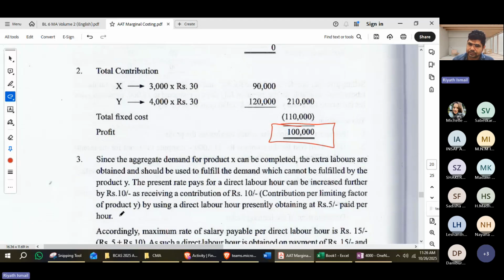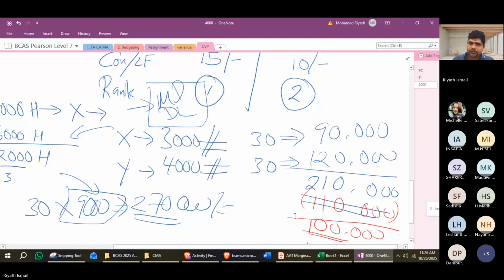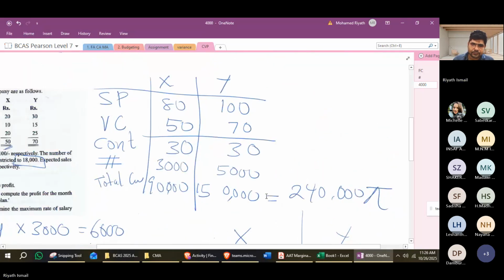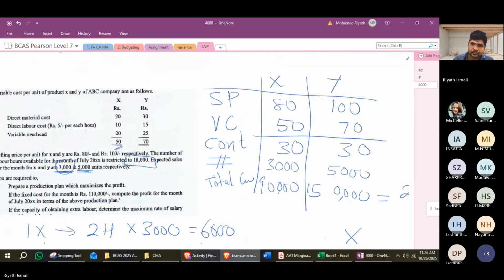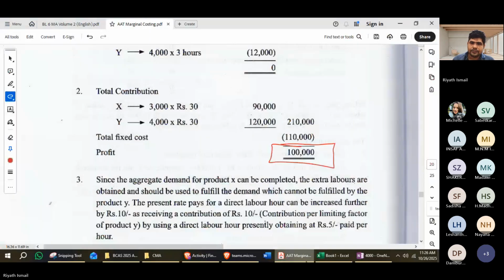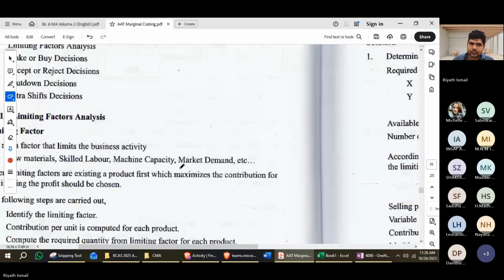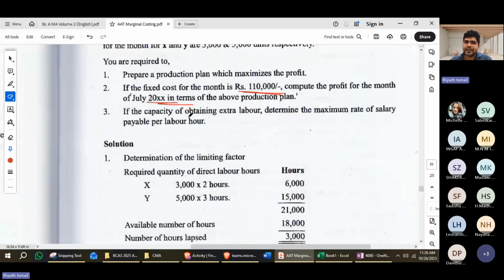Right. The third question: if the capacity of obtaining extra labor determines the maximum rate of salary payable per labor hour.